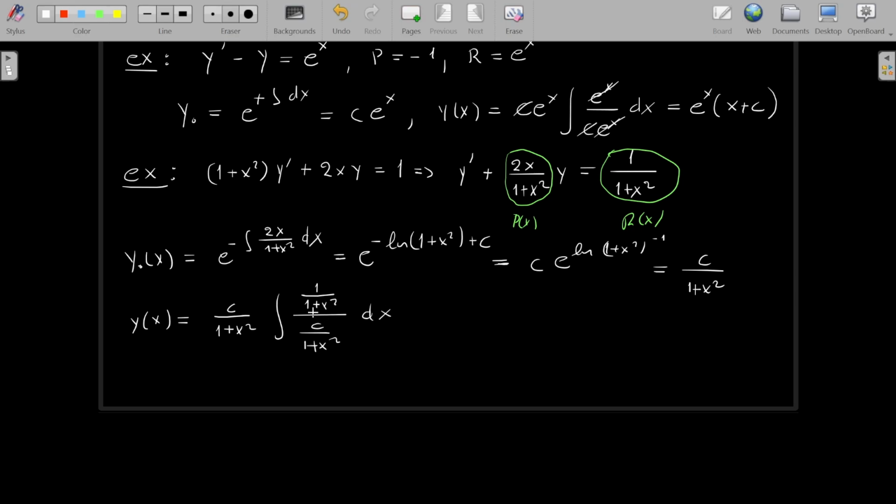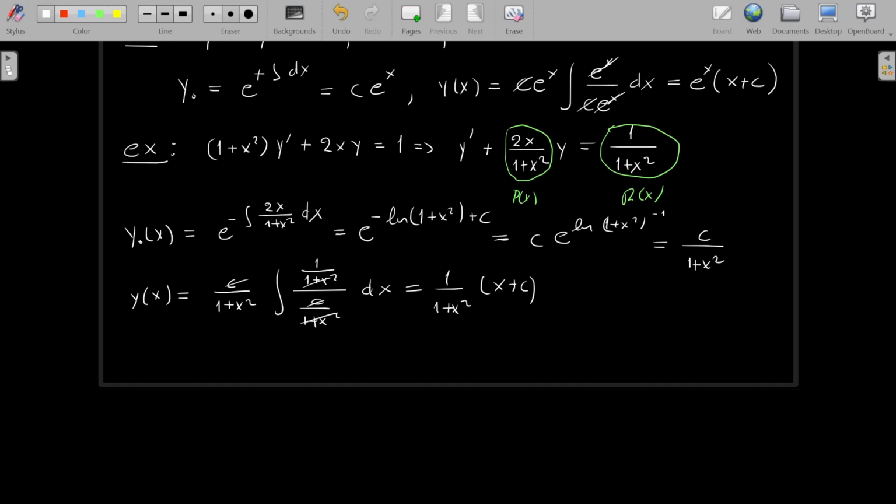This all cancels, this also cancels, so 1 over 1 plus x squared times the integral of 1, so x plus a. And this again is our solution. To write it more neatly, we can write this over the denominator.